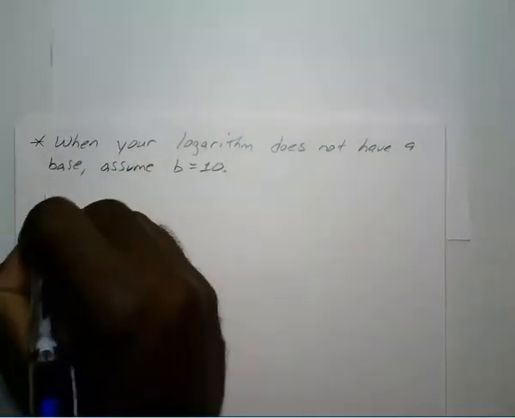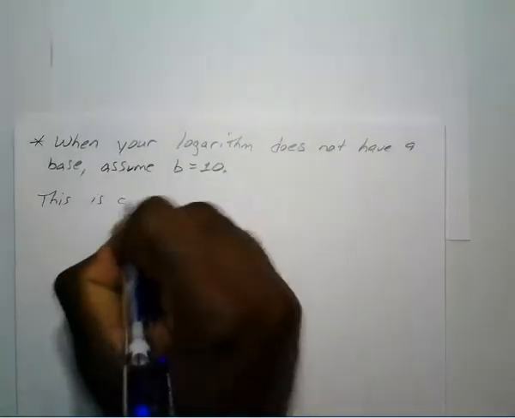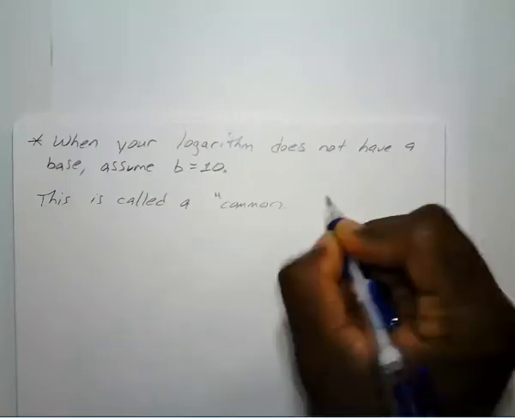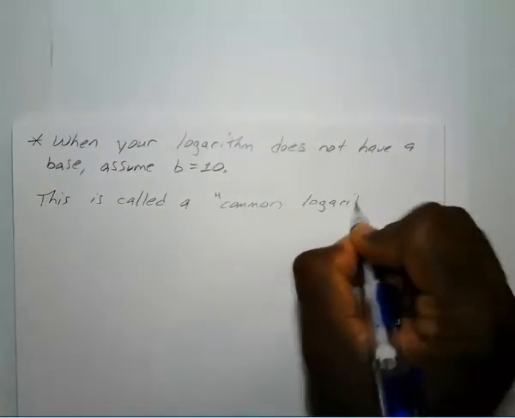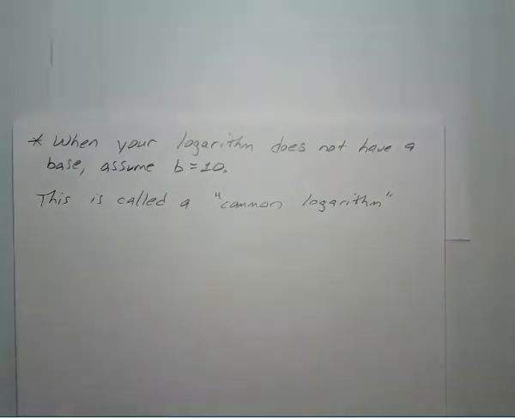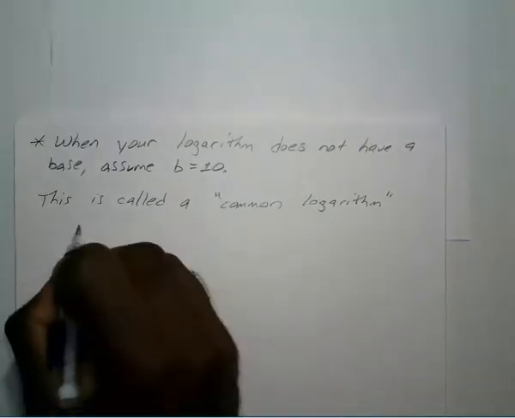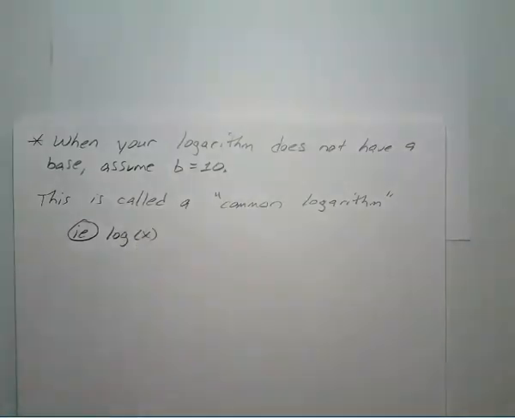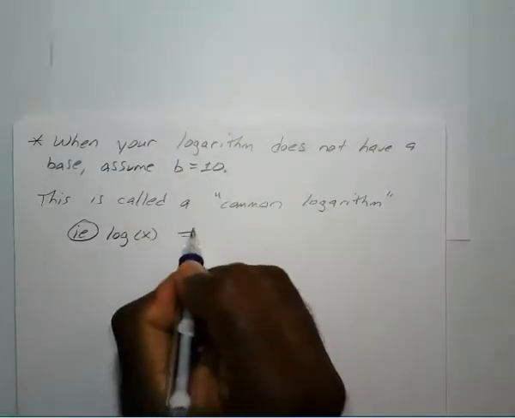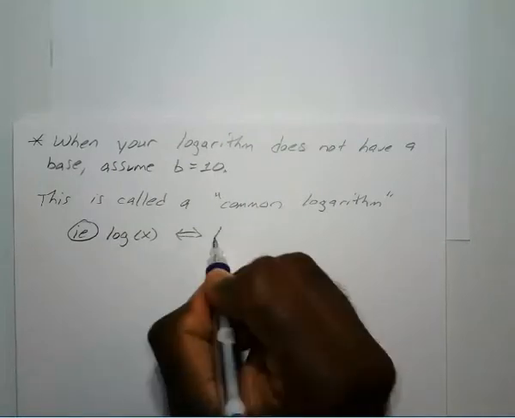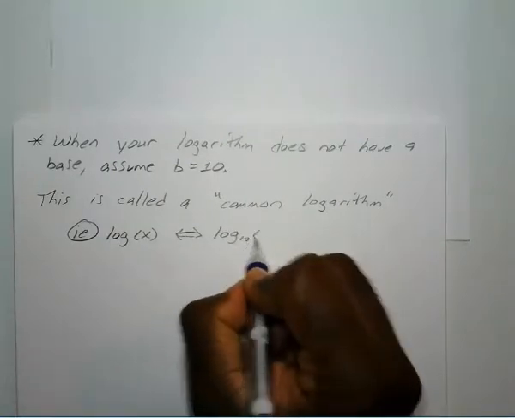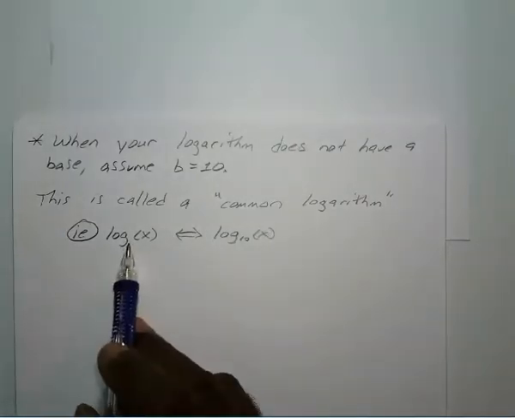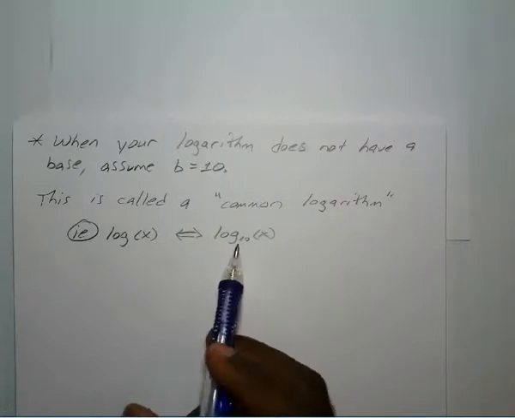This is called a common logarithm. In other words, if you just have log of x, that's the same as saying log base 10 of x. Same thing. It's just whenever you have no base given, your base is 10.